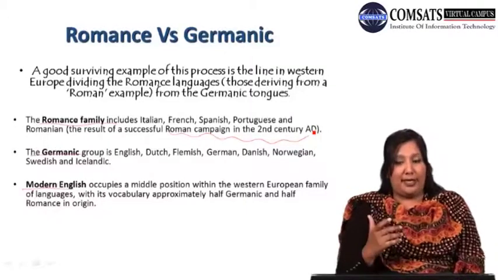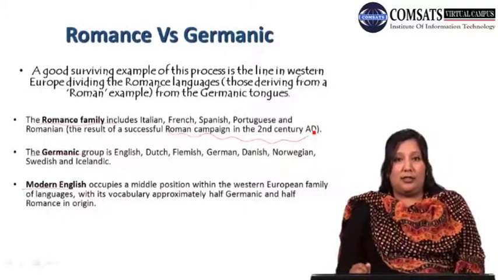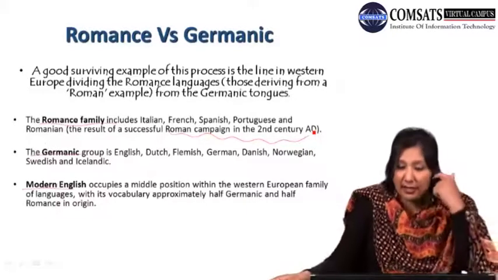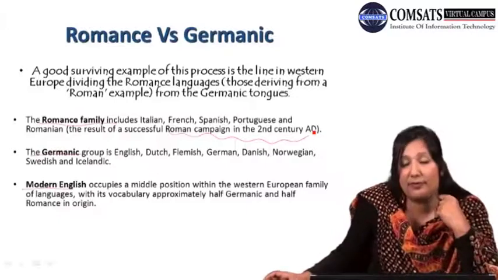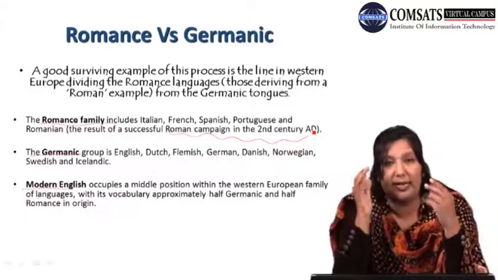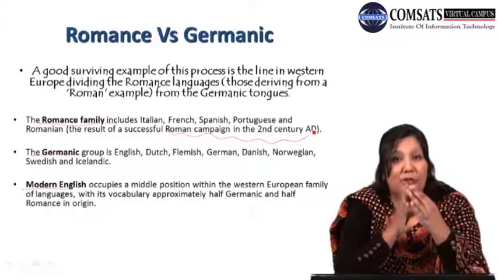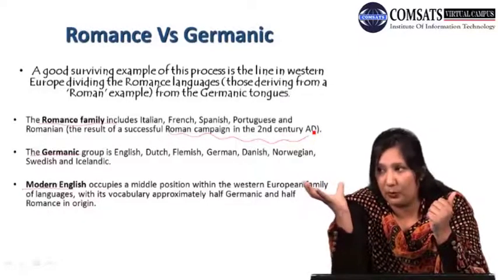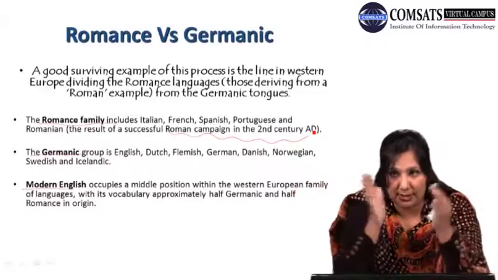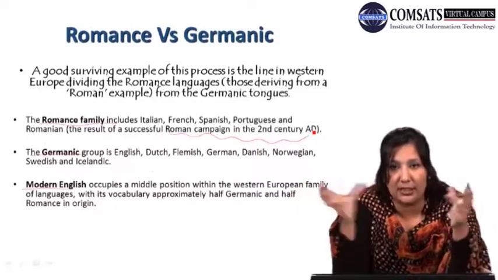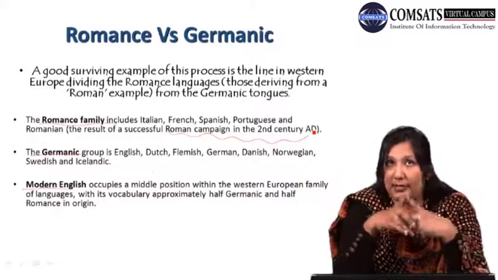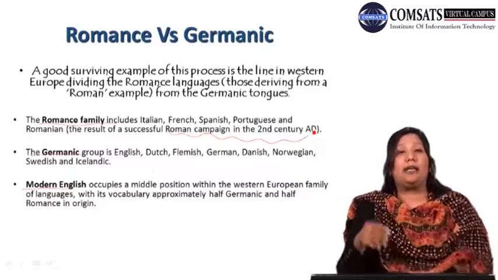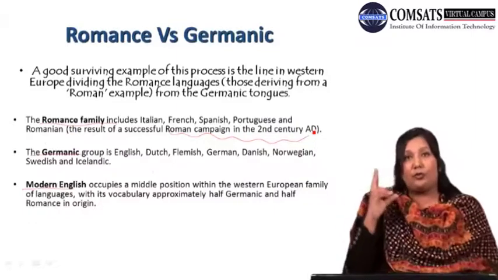These are actually the 2 main sub branches, and the current English occupies the middle position between the Germanic and the Romance. Modern English is a combination of everything. This is a very important point that you must know, that today's English is a combination of these 2 main things.